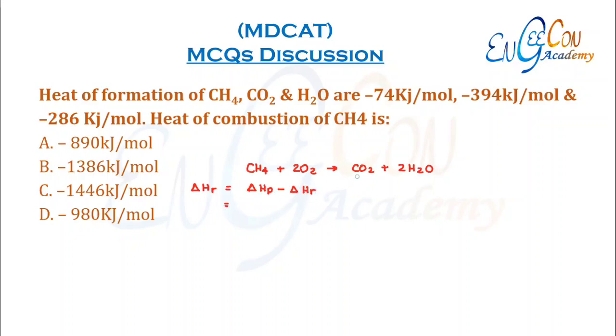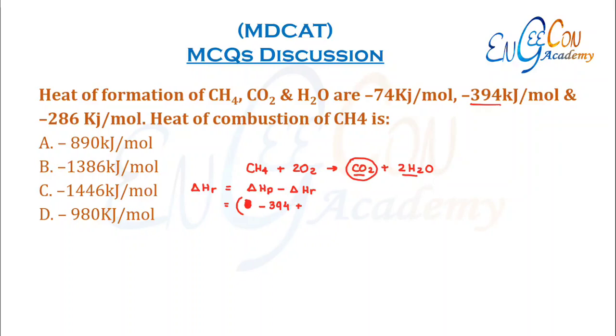Now heat of products is equal to the sum of heat of formation of both of them. So heat of formation of carbon dioxide is minus 394. For CO2 we write 1 mole of CO2 is being formed. So we write for 1 CO2 minus 394.